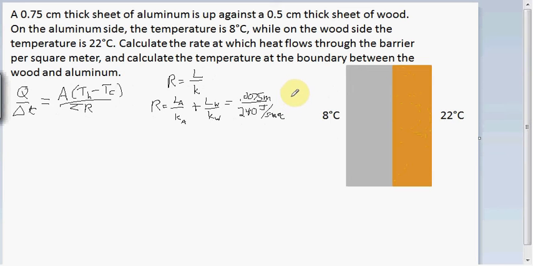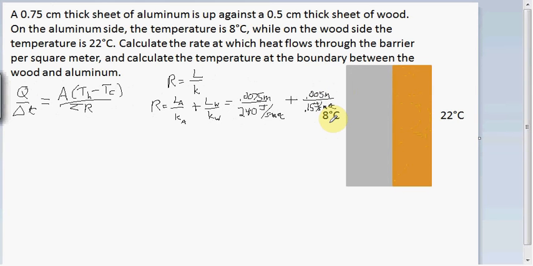So kind of weird units there. The thickness of the wood is 0.5 centimeters, so 0.005 meters, divided by K for the wood, which is 0.15 joules per second meter degrees Celsius.